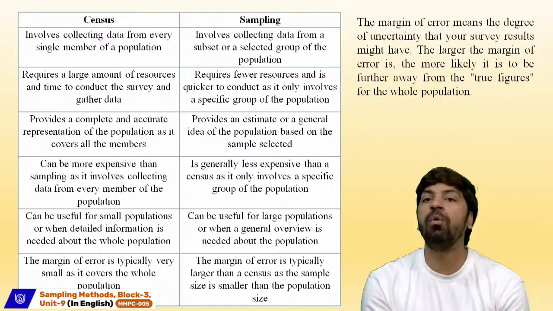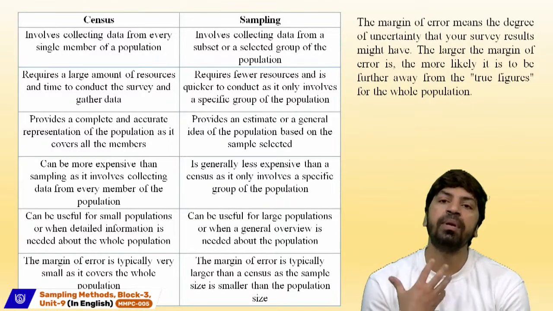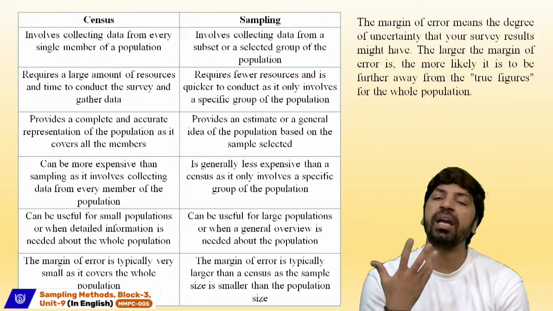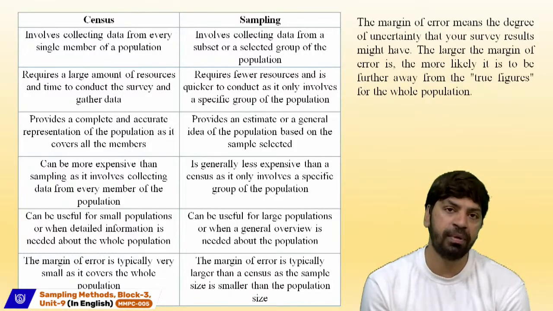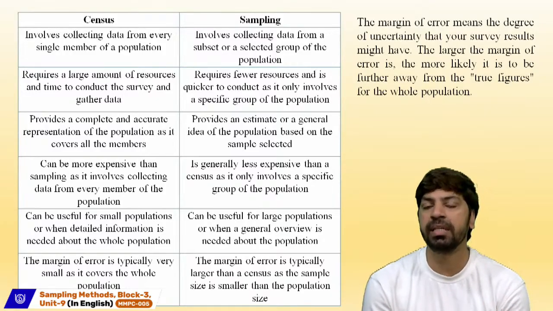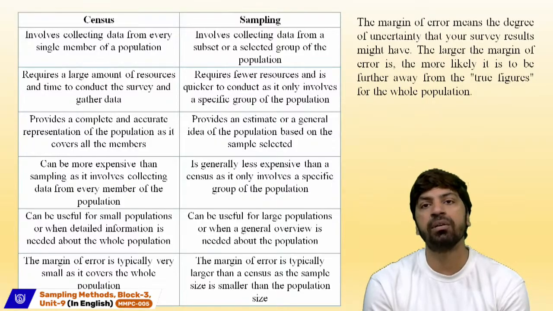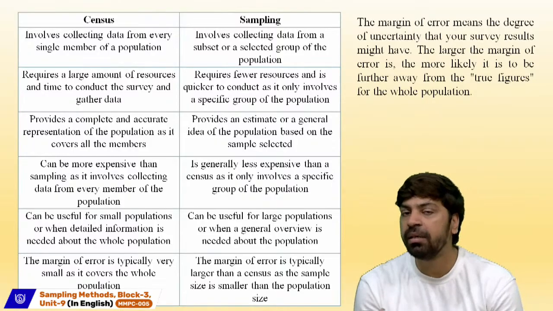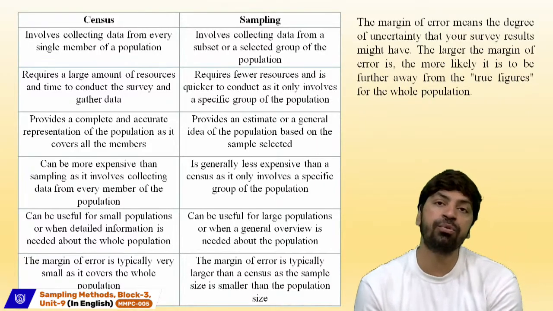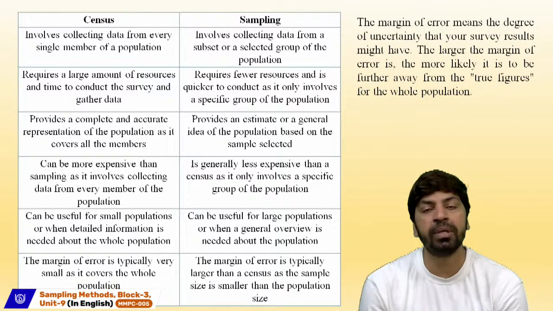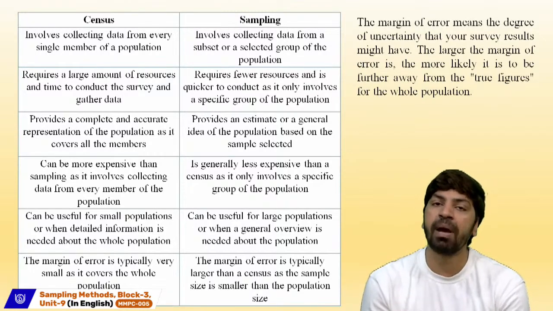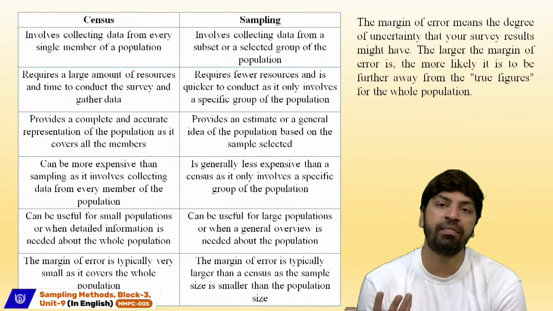Your results could reflect the true figures from the whole population, or they might not, because uncertainties might or might not show up.